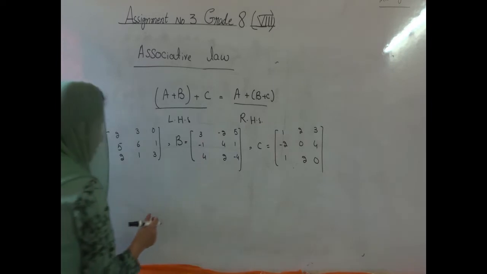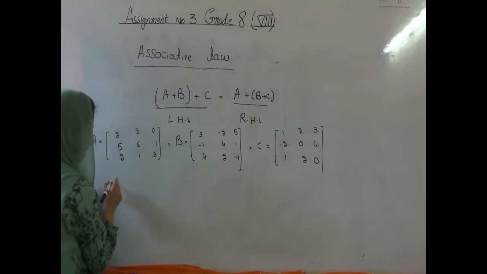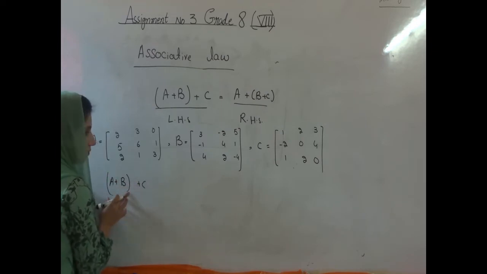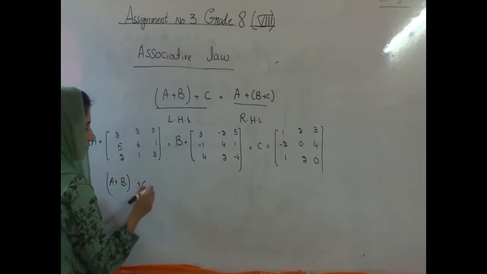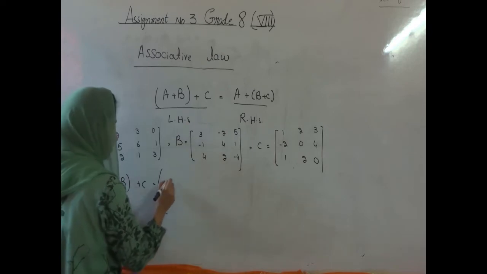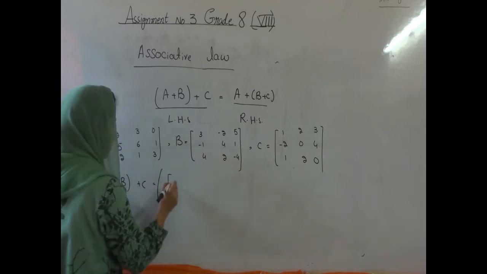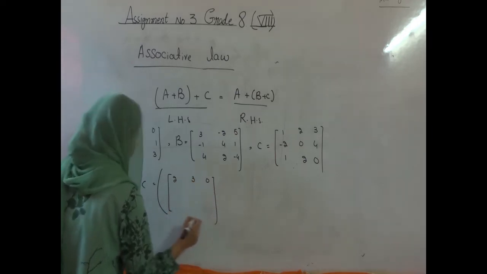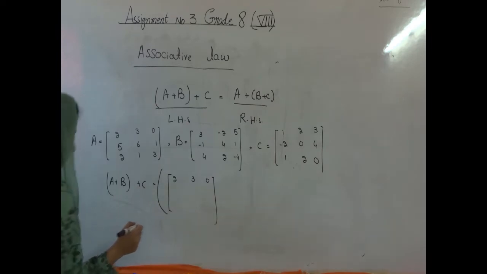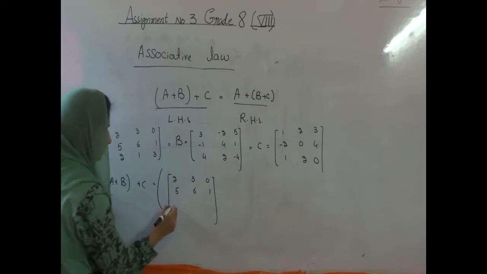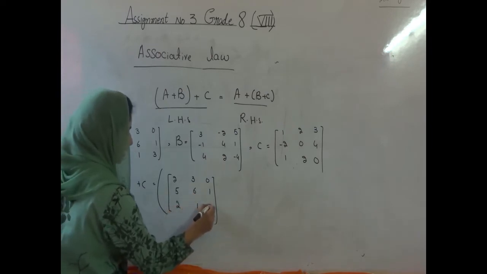So the left hand side is (A plus B) plus C. Bracket means first we will solve the bracket and then C will be added to the result matrix. Fine. So first write down the small bracket, and then the matrix A: 2, 3, 0, 5, 6, 1, 2, 1 and 3.